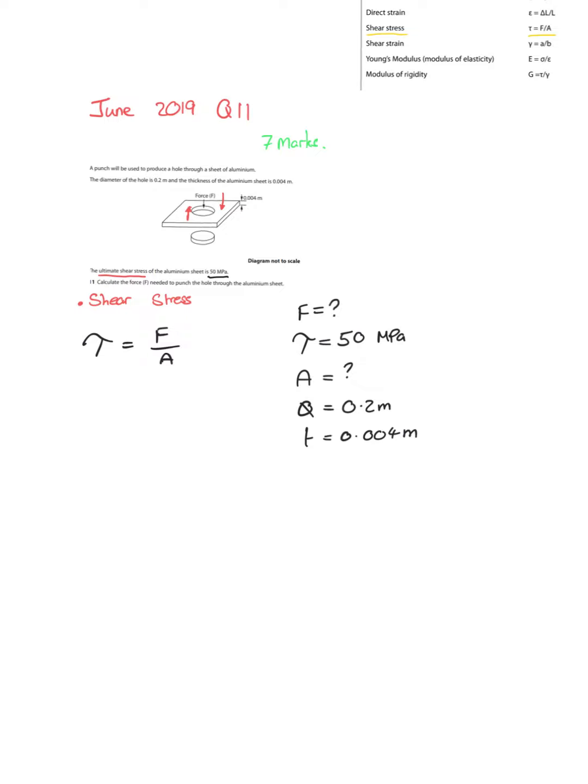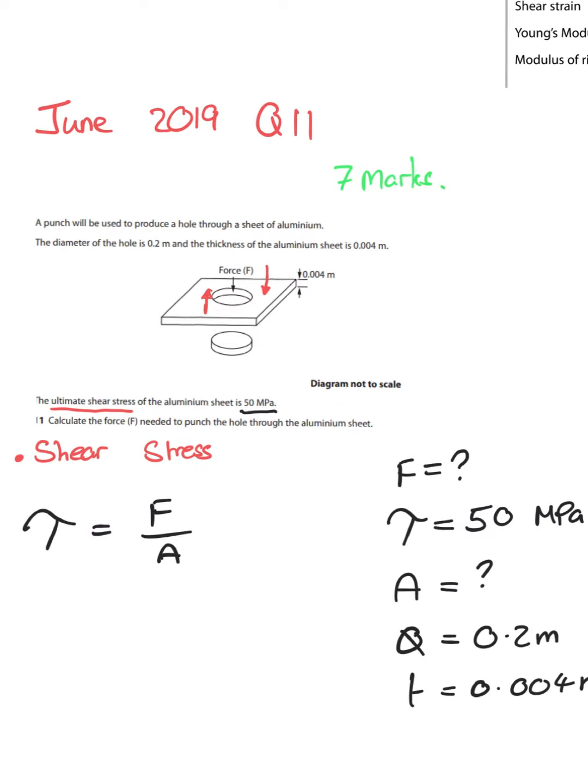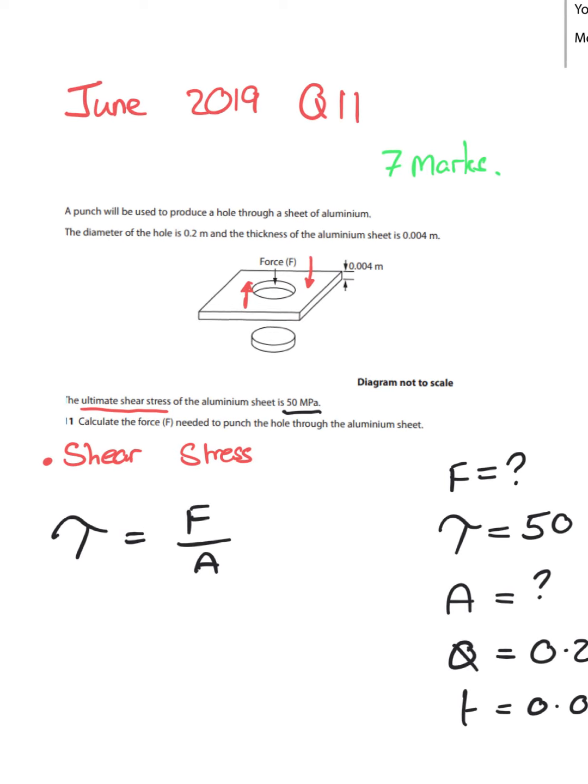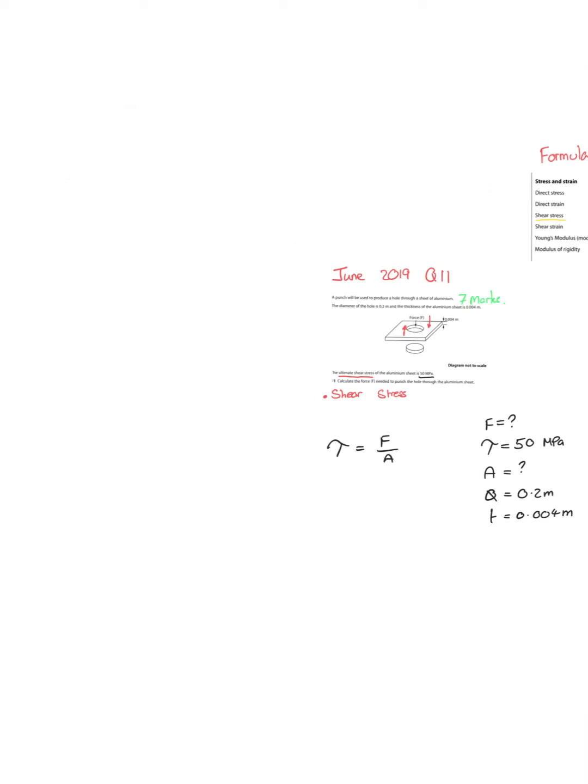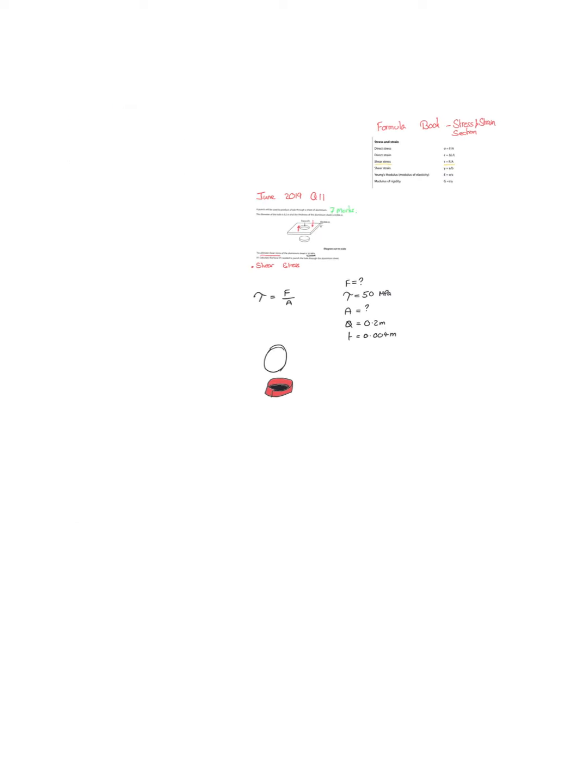Okay, so now we have a question on what sort of area we're dealing with, and it's not immediately obvious because it's a shear stress question. You're trying to think of what area the punch is going to cut through. So here's one I made earlier.